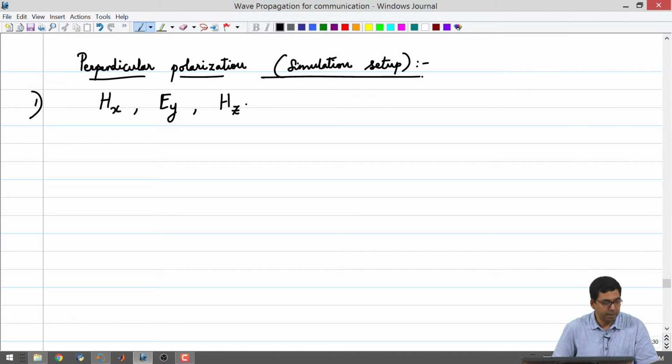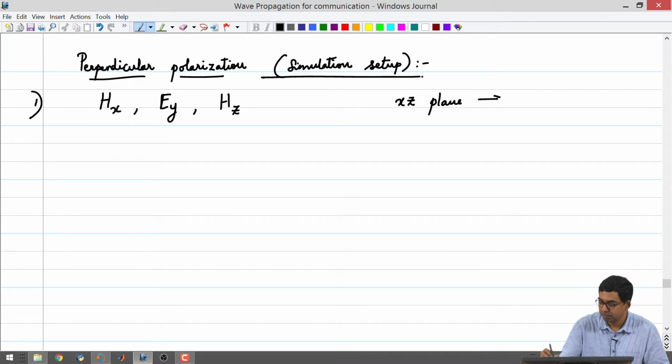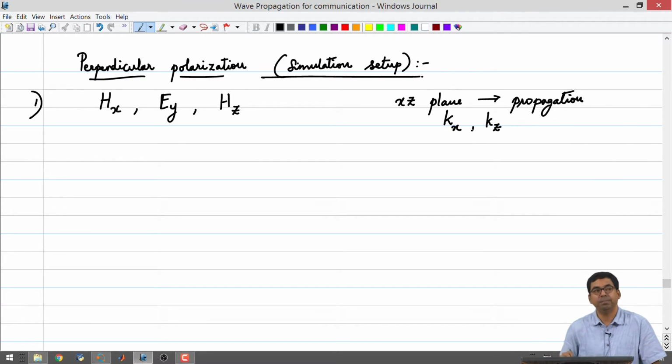These are the three components that we have for that particular polarization. Other than that, the direction of propagation is in the xz plane. This means that your k vector has an x and a z component.